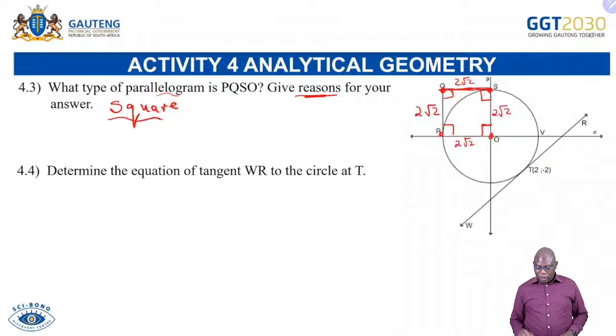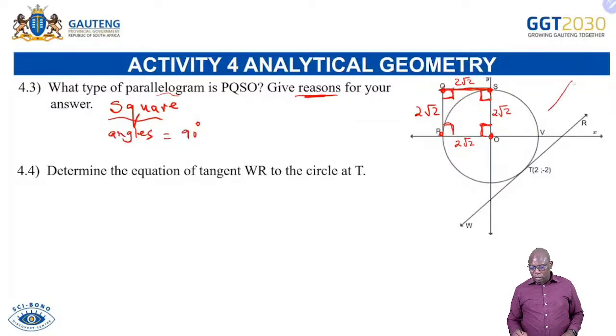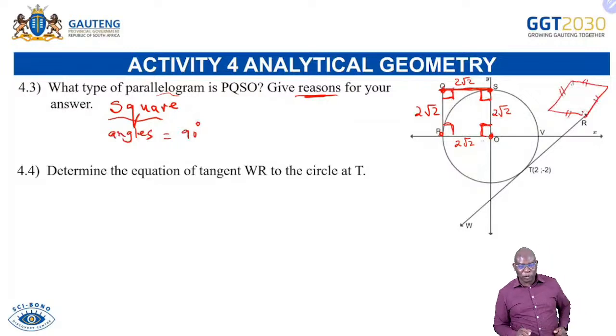In this one, all these angles are equal to 90 degrees. Each angle equals 90 degrees, so that makes it a square. In a rhombus all sides are equal, but the angles are not equal to 90 degrees. So there's a difference between the two.